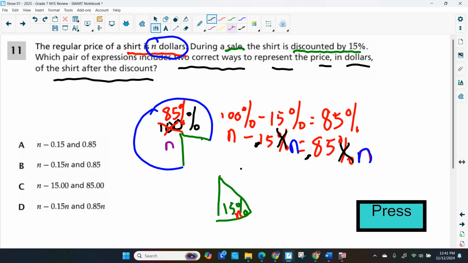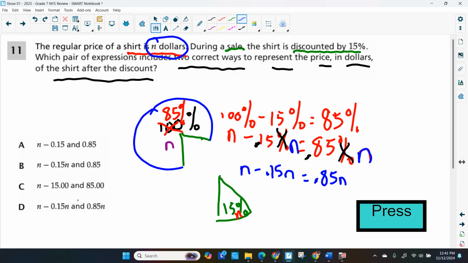I have N minus 0.15, and don't forget the N, and also I have 0.85 N. So there's my answer for both ways of writing it. N minus 0.15 N, and 0.85 N.